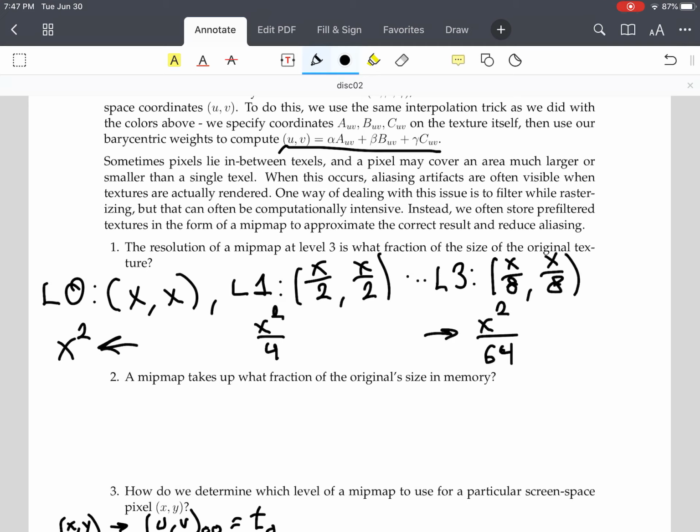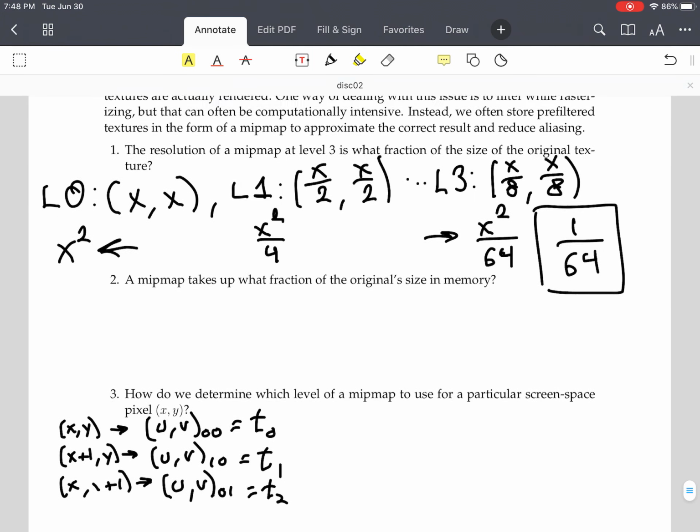As you can see, the resolution at level 3 is 64 times smaller, or the fraction is 1 over 64. And that's our answer. If the question had asked about level 1, it would have been 4 times. If it was level 2, it would have been 16 times, and so on and so forth.